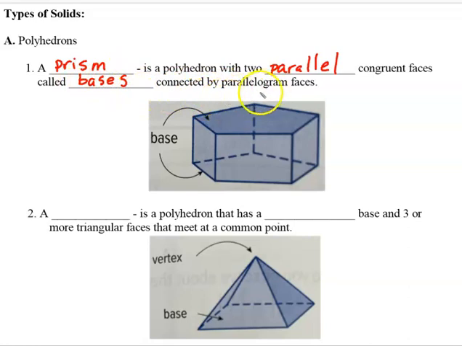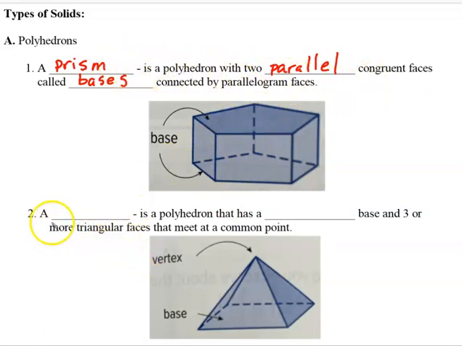And these are connected by parallelogram faces. This darkened blue area is one of the bases, and you can see there's another one on the bottom. They are parallel with each other. And then the faces are parallelograms that connect the two bases. So a prism is a polyhedron, and it comes in various forms, but it takes these general characteristics that we've defined.